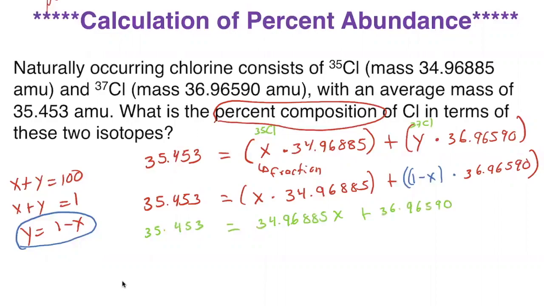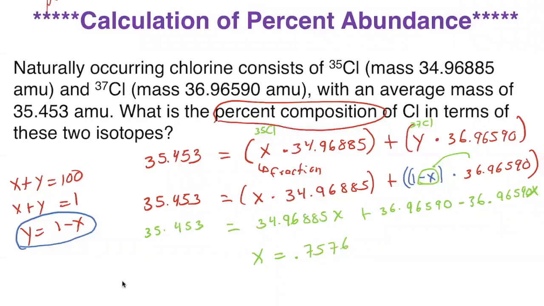Be careful, this is negative: negative X times this, so it's going to be minus 36.96590X. Then collect like terms, and you're going to see that your X equals 0.7576. Okay, so that's your X.